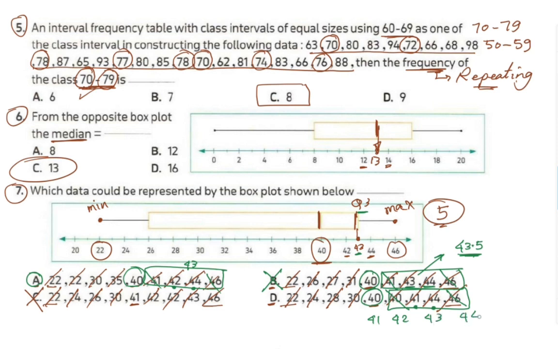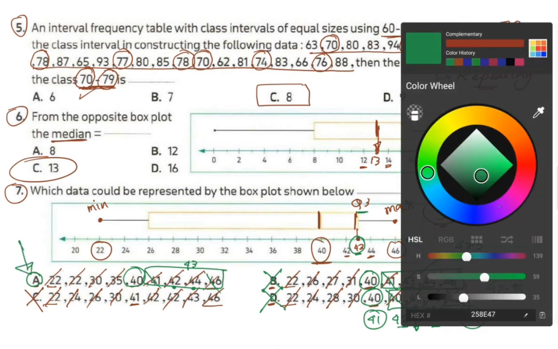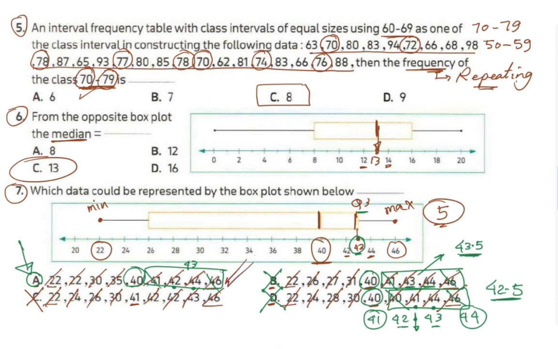So the number in between will be 42.5. 42.5 is the right Q3 for this group, but here we have 43. Now D is incorrect. The only group I can represent using this box plot is A. So A is the correct choice.